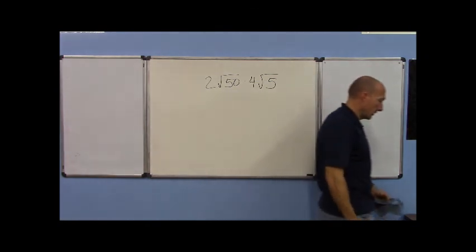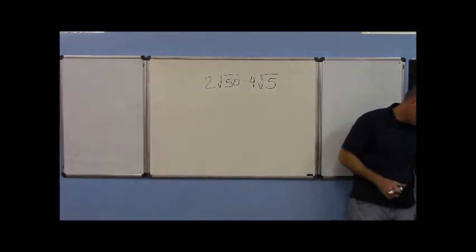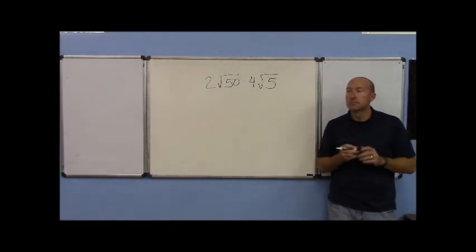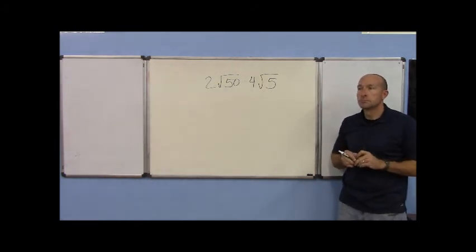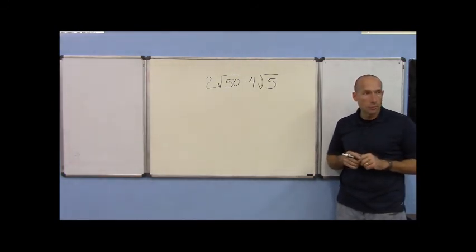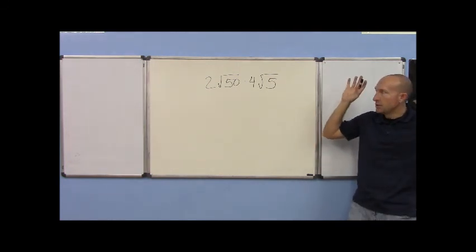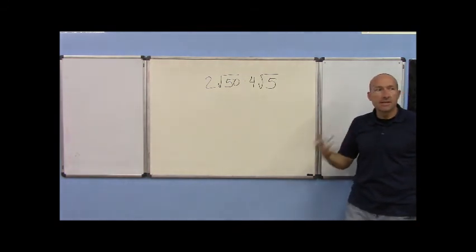What can we do with this? We actually have a couple different things we can do. So factors of 50 would be 5 times 5. Okay, so everybody, don't look at your book. Just look at this. What is your first instinct?